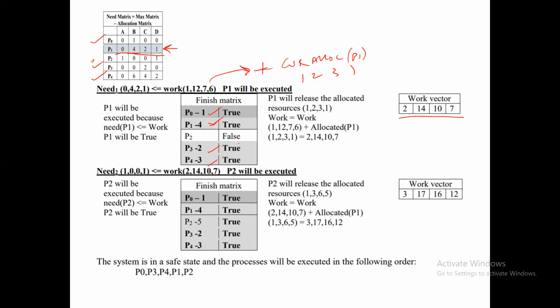Right, so we still are left with P2. So again, perform another iteration. Now P2, according to the need matrix, requires 1001. That's the last one. So 1001 is less than 24107, which is the current availability. So we can go ahead and allot. Again, using the same procedure as earlier, we will add the current allocation.